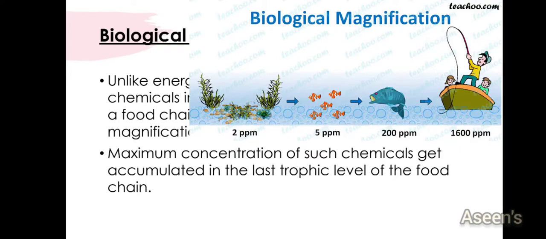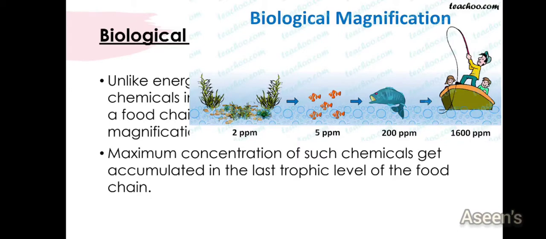In this case, they go on increasing. So by the time they reach the last trophic level, its amount is very, very high. That is why we term it biological magnification. It's actually increasing in number.